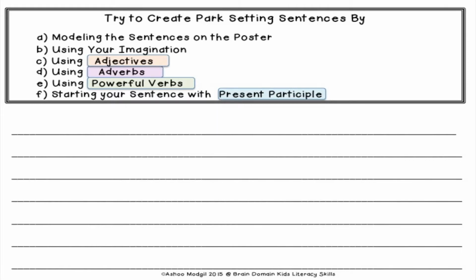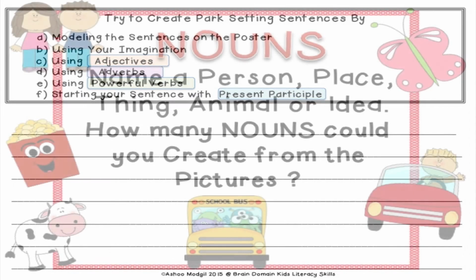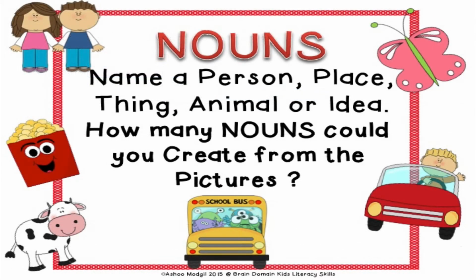I'll be sharing with you some of the posters that you would get in this resource kit. This is something that I use to help them understand what are nouns. So what I do, I just put this poster in the class on the day I'm teaching this activity around creating descriptive sentences, and I quiz them to tell me, with the help of the pictures on this poster, how many nouns can they trace on this paper.